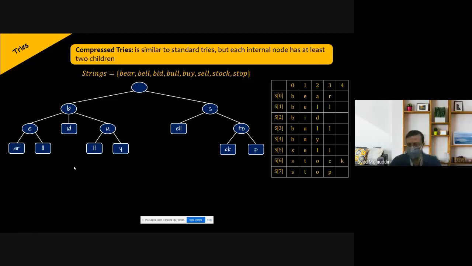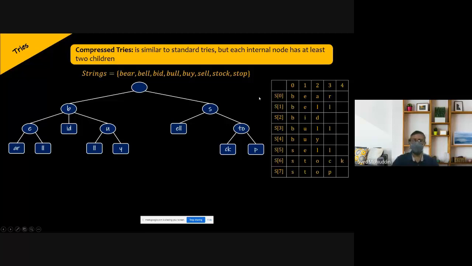Now if you look at this table, each string we are calling S, and we are assuming that they are stored in an array. In this case the array starts from 0. So S0 is the first string, which is BEAR. Second is S1, which is BELL. Third is BIT, and so on.